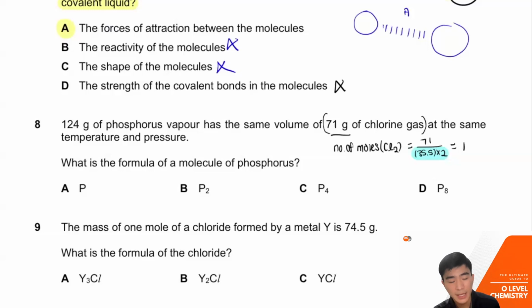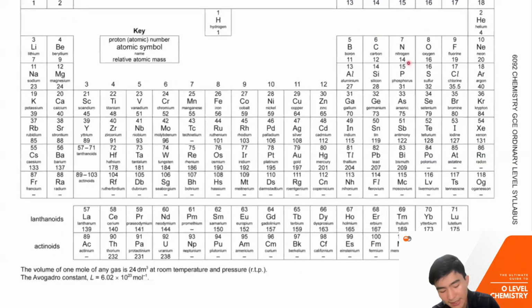So there's 1 mole. Now, 1 mole of phosphorus vapor is 124 gram. So in this case, what do you think is the formula for the phosphorus? Now, you go back to your periodic table, look at the mass of phosphorus. Okay, phosphorus is over here. It is 31.